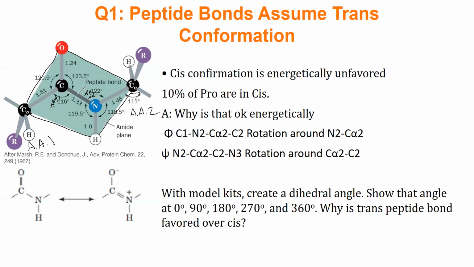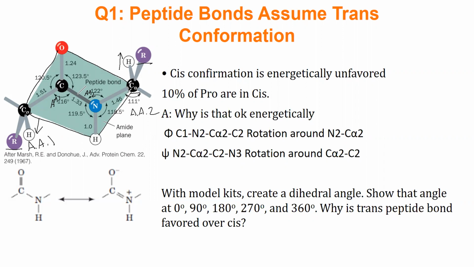And generally, this peptide bond is in the trans conformation. What I mean by trans is the side chains of each amino acid, when you're following along, are in opposite directions. So for amino acid 1, the side chain is pointing down. Amino acid 2, the side chain is pointing up.